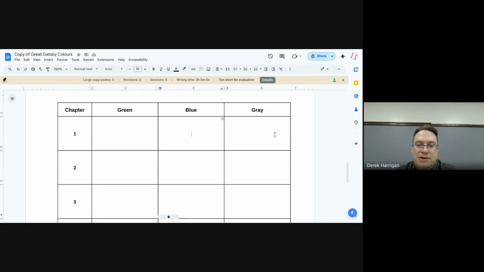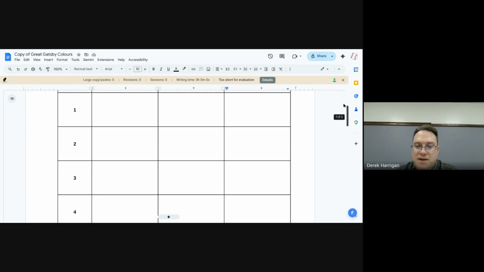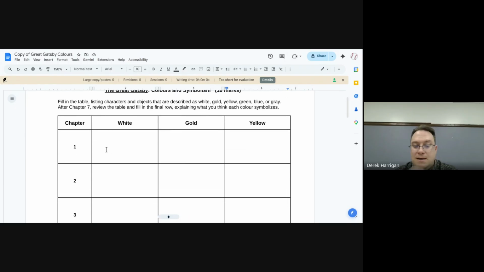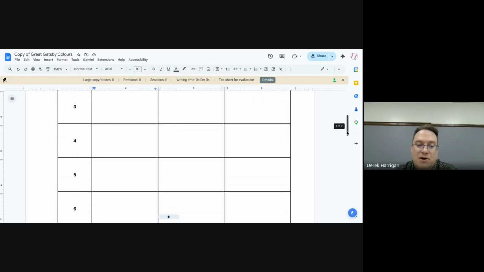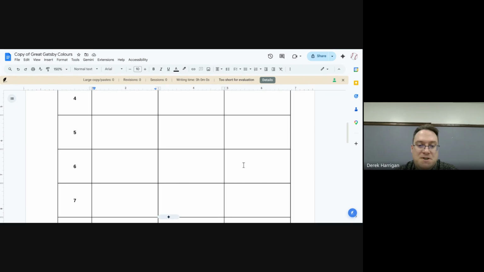green, blue, and gray. I gave you this chart before we started reading the book, when I was introducing the book in Unit 3, Activity 1. Again, I'm hoping that you already have examples of the different colors all the way up to chapter 6.